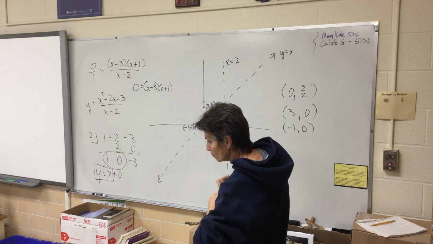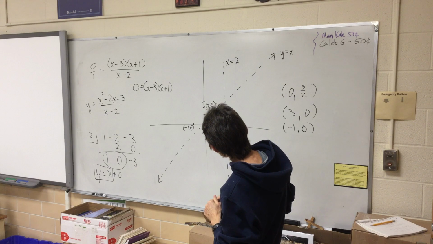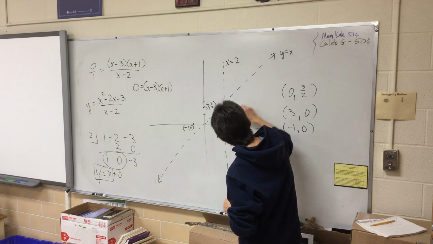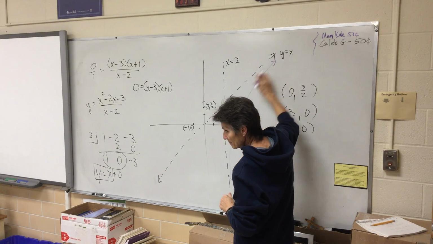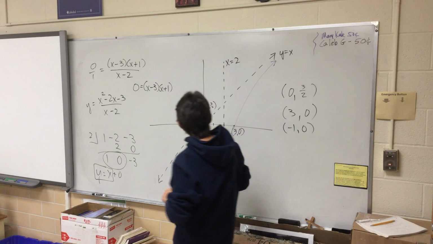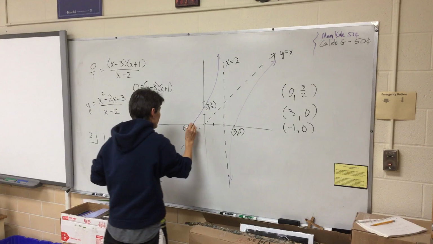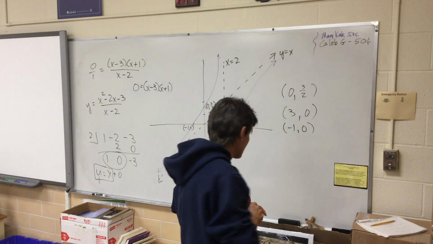Do you get a sense of what it looks like? Can you get a feeling for what this looks like based on the points that you have? Would you agree with that? And then over here, remember, as it goes farther and farther, it's going to get closer and closer to its asymptotes.